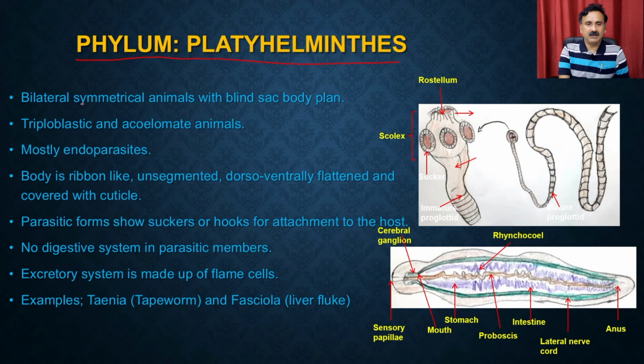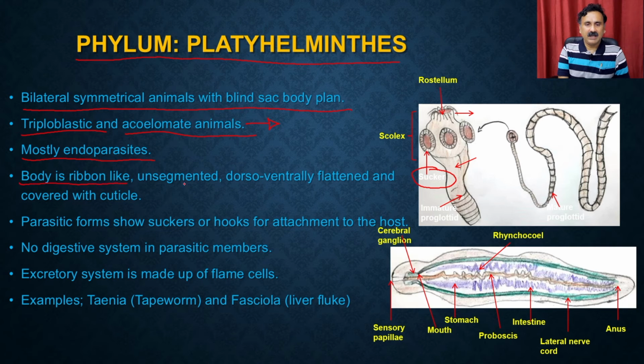It is a bilaterally symmetrical animal with a blind sac body plan. It is triploblastic and acoelomate, which means it does not have the coelom. It is mostly endoparasitic, so you can see that it has very well defined suckers, and because of that they have the ability to suck food or nutrition from the host.